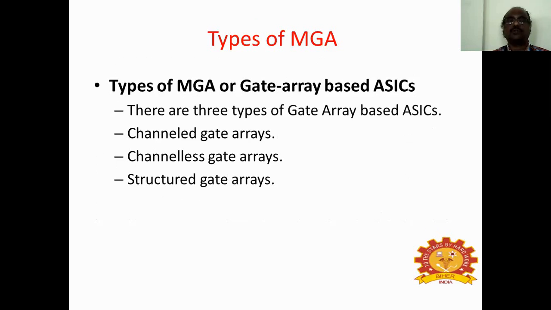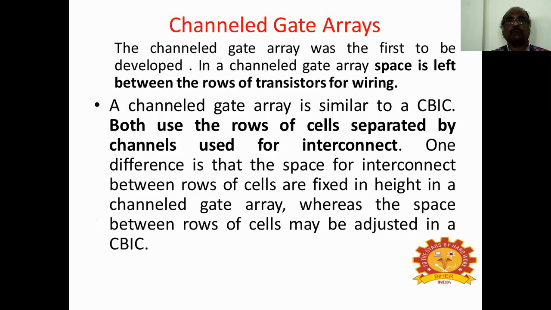There are three types of masked gate arrays: the channeled gate array, the channelless gate array, and structured gate arrays. What do you mean by the channeled gate array? There will be a space between two rows of the basic logic cells. Here we use rows of cells separated by channels used for interconnect.